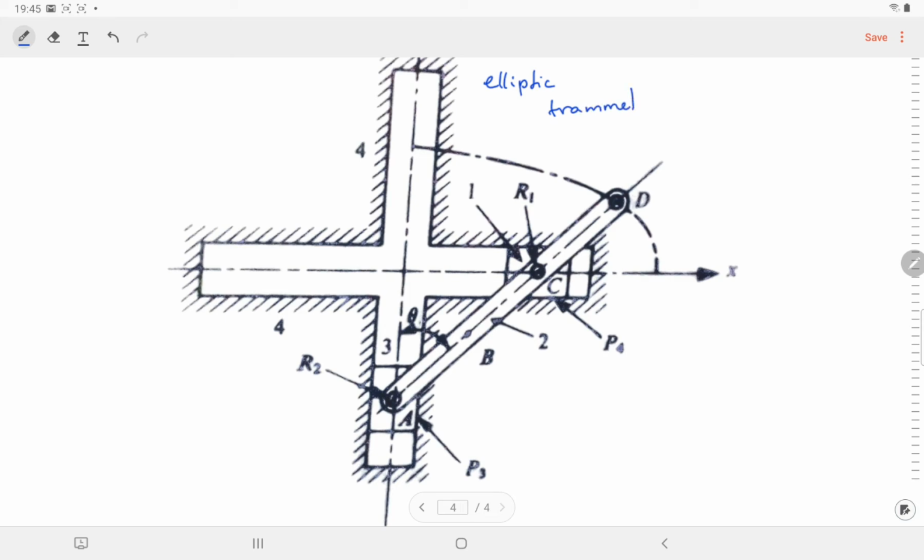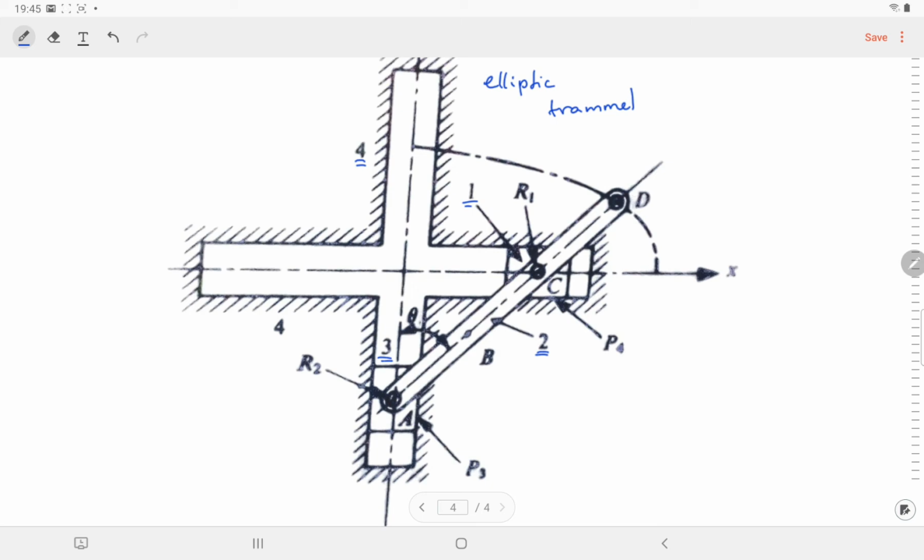Okay, so the reason it's called elliptic trammel is because in this mechanism, link 4 has been fixed, and this is link 2, and this is link 3, and this one is link 1.